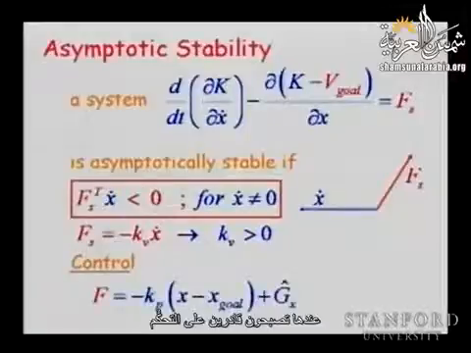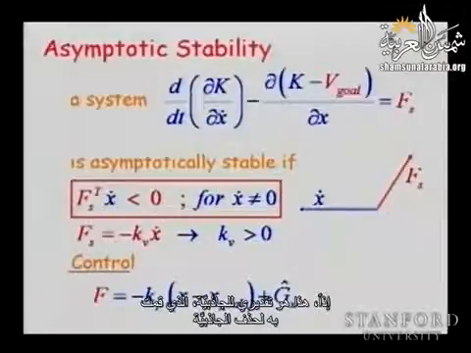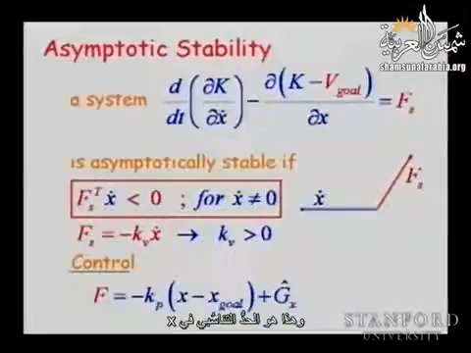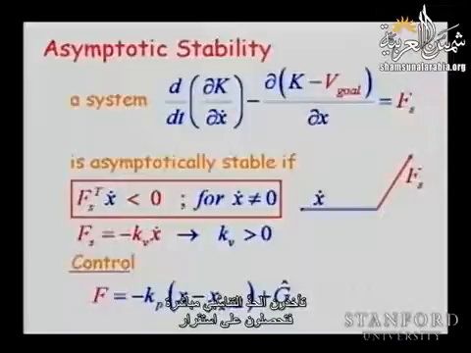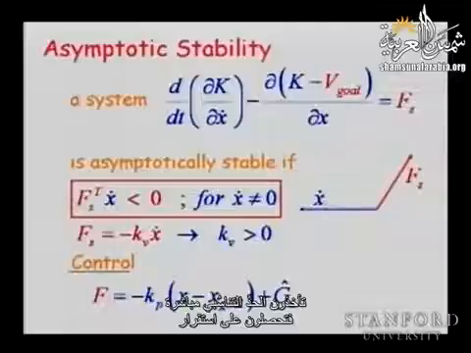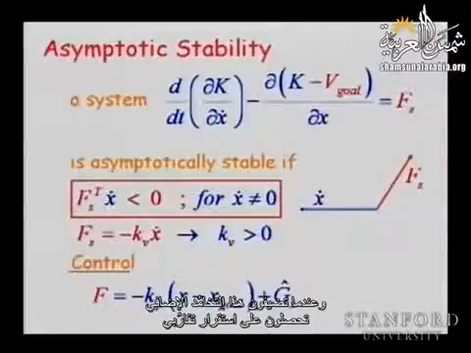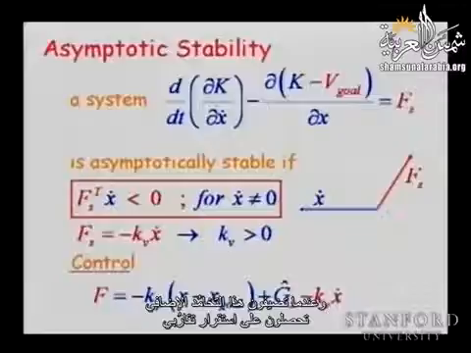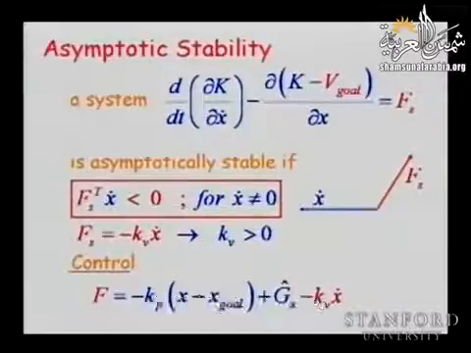You have your control. This is my estimate of the gravity, to remove the gravity, and this is the proportional term in X. With the proportional term alone you have stability, and when you put in this additional damping, you have asymptotic stability. All right?